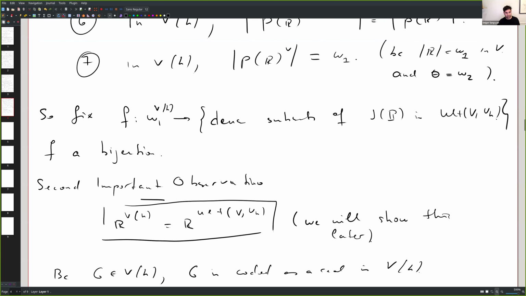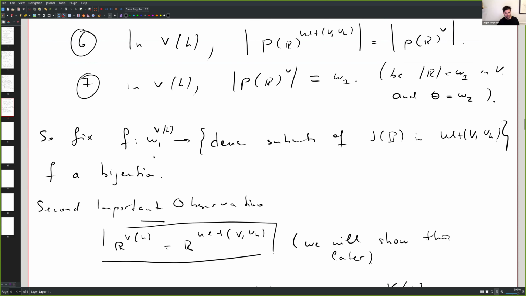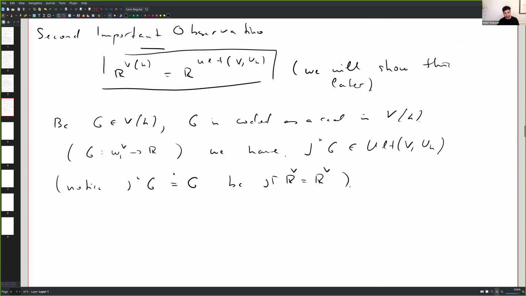Okay, so we have omega 1 many dense sets, right? There's omega 1 in VH, we have omega 1 many dense sets. So all we now want is the third important observation, which follows from here, I guess.